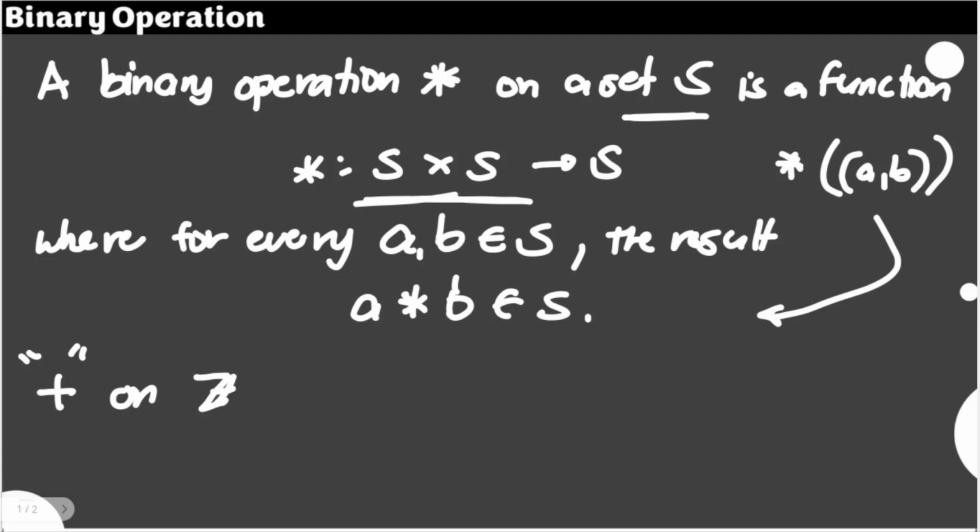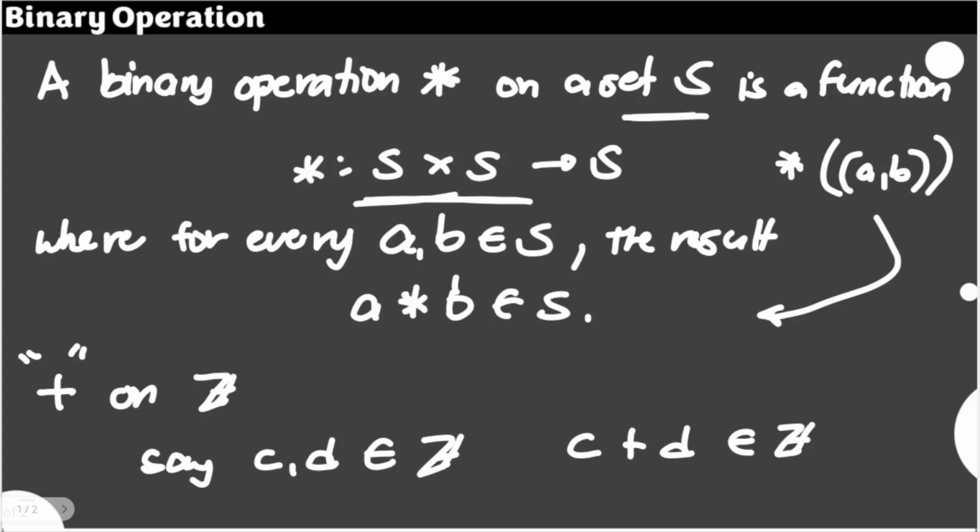If we talk about addition on a set of integers and pick any integers, let's say C and D are elements of Z, or integers, then C plus D, where plus is our operation here, is still an element of integers, because no matter what type of integer you're adding, whether negative, positive, or neutral, let's say 0, the sum will always be an element of Z. This means that addition, a more specified example of a binary operation, is called a binary operation on Z.